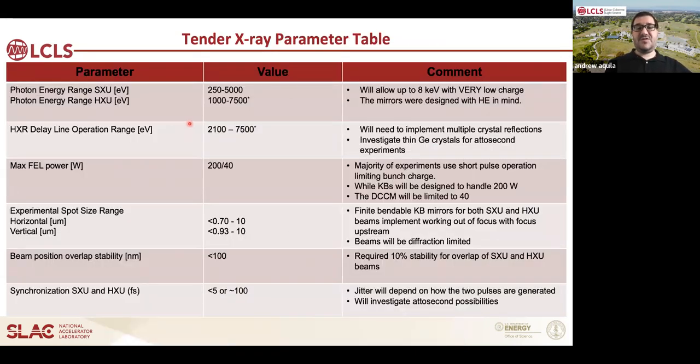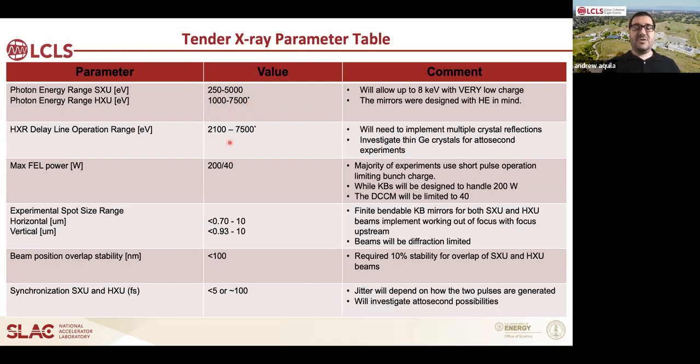Parameters: this is a tender X-ray instrument, and it covers a tender range, which I usually define from the silicon K edge, which is 1.8 keV, up to the iron edge, which is just around 7 keV. On the soft X-ray side, we go from about 2.5 to 5 keV, and on the hard X-ray side, we go from about 1, which is the limit of what the undulator can do, to about 7.5 keV, limited by the optics we chose and the coatings on the optics.